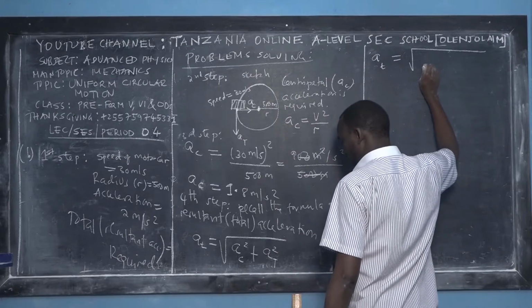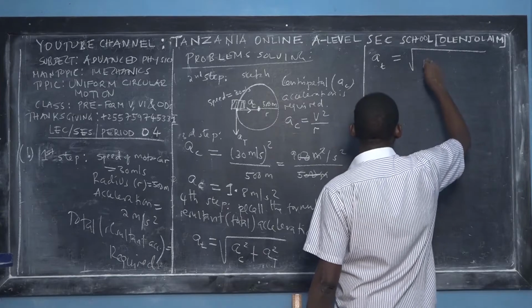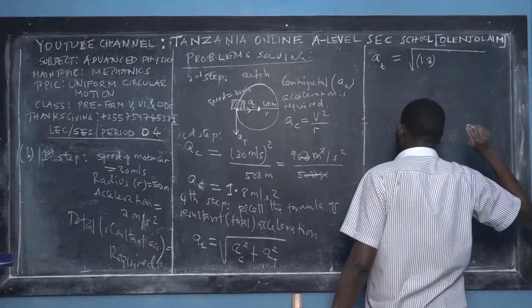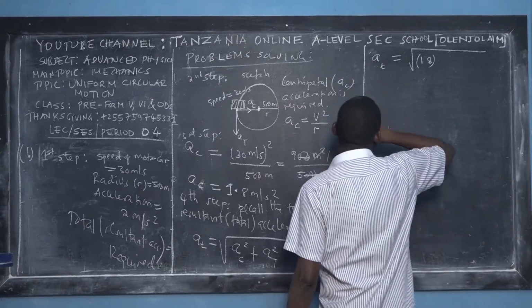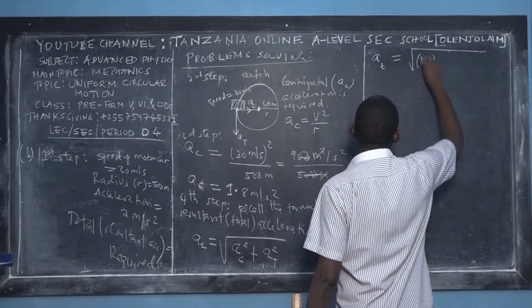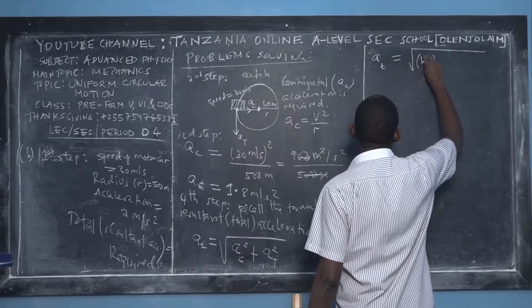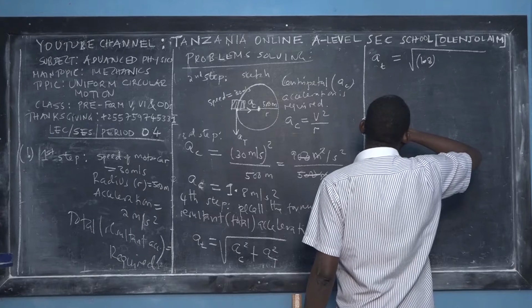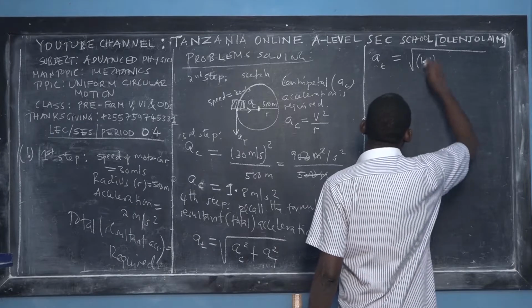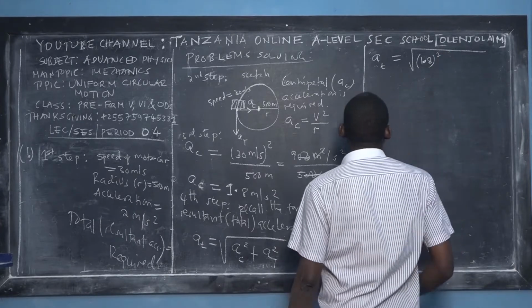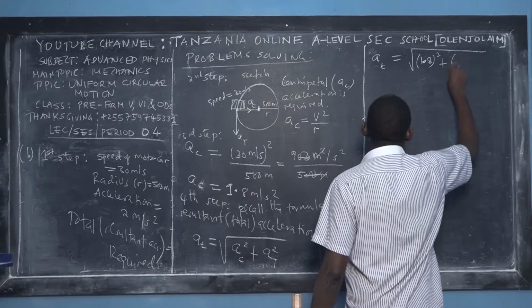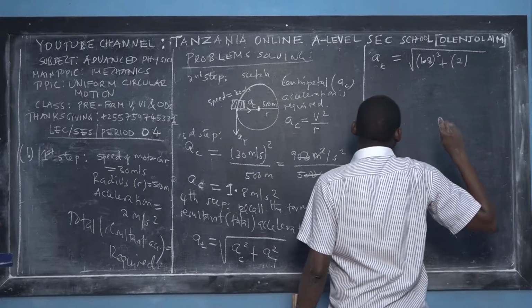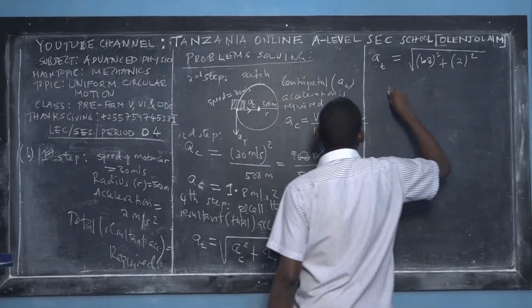So we have the centripetal acceleration, which is 1.8 meters per second square, squared, plus the tangential acceleration, which is 2 squared.